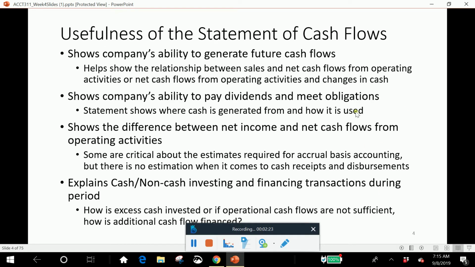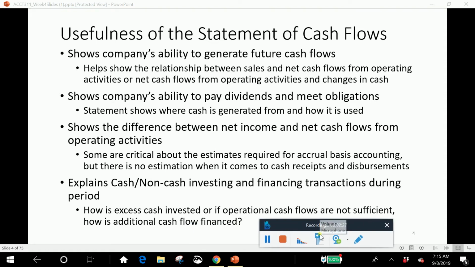So how is the statement of cash flows useful to its users, whether those users be investors or creditors or customers or even the company's own employees? And so first of all, it shows a company's ability to generate future cash flows.